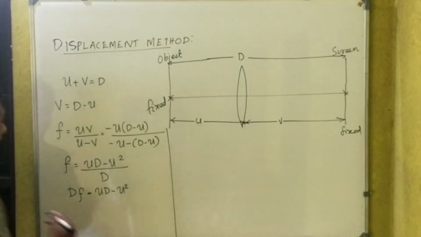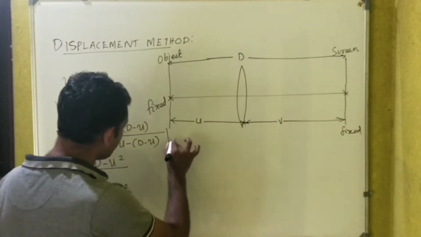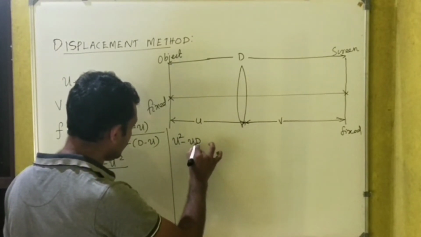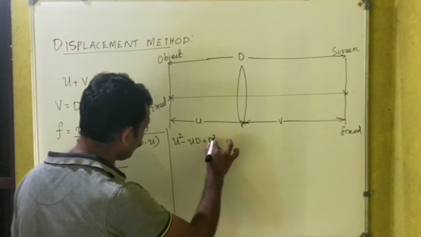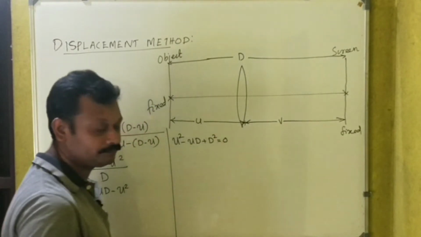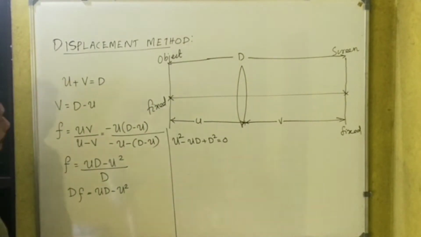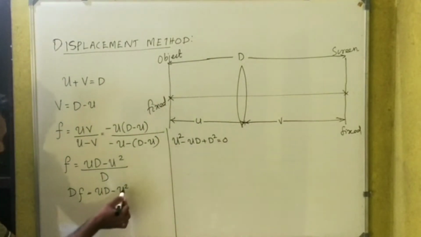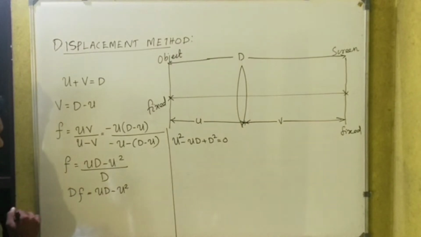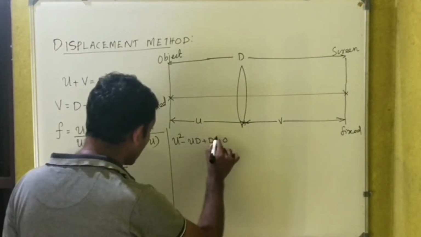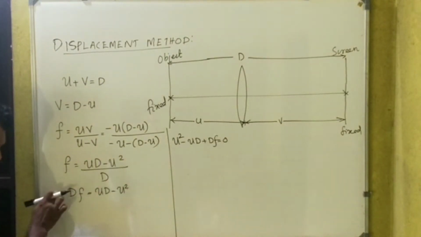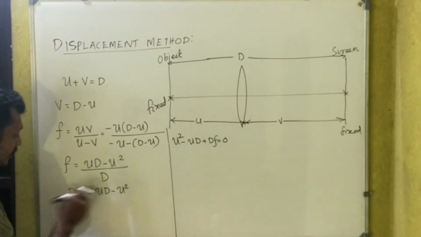Right? This is a quadratic equation of u, or rearranging this, u square minus uD plus Df is equal to 0. Sorry, it is not D square, it is Df. u square brought to this side becomes plus, uD brought to this side becomes minus uD, then Df.